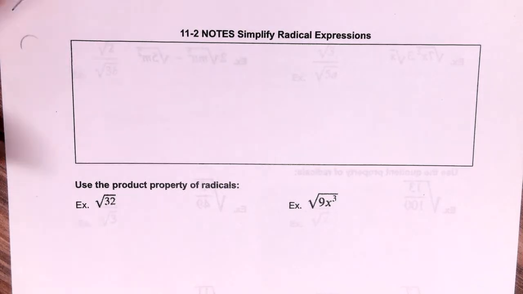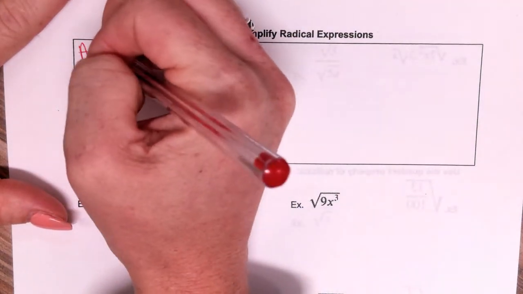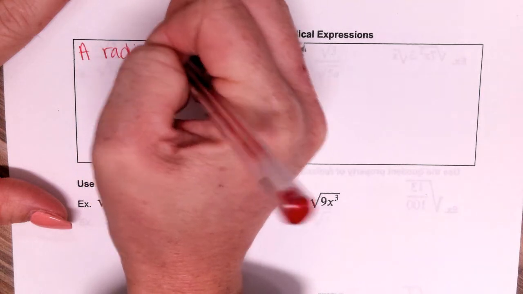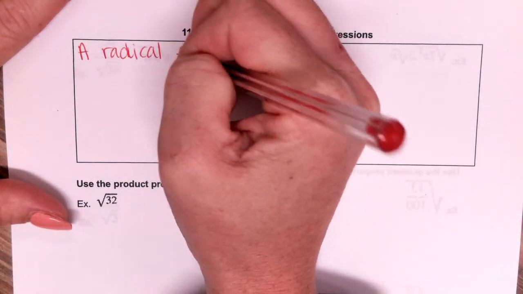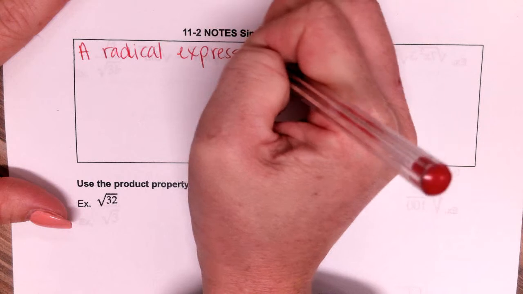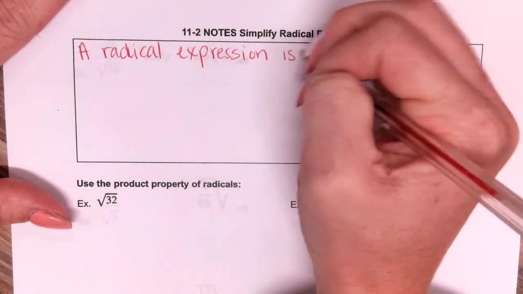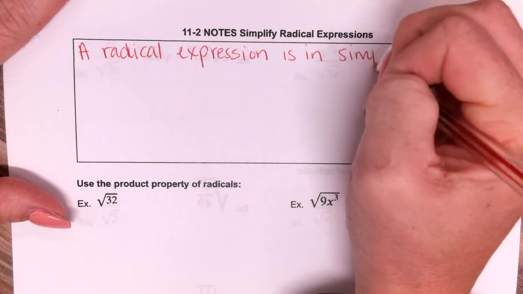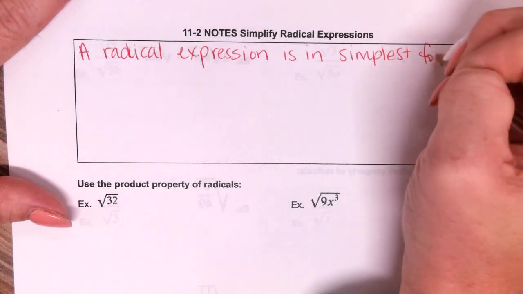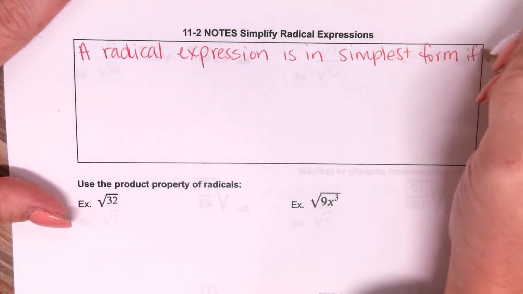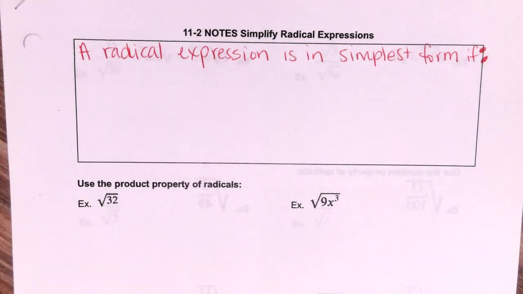So a radical expression, write this down. A radical expression is in simplest form if... So what are we really trying to do today? Put it in its simplest form. So how do you put it in its simplest form?